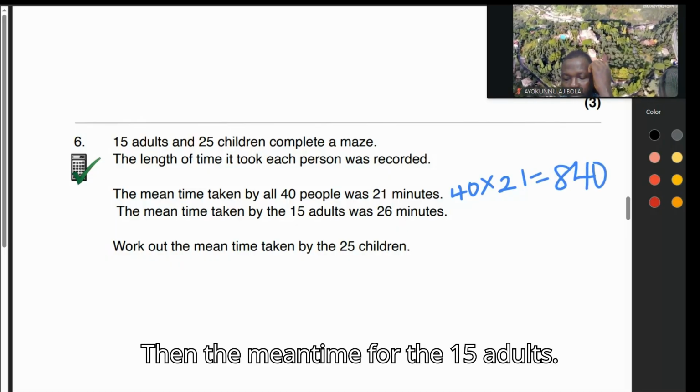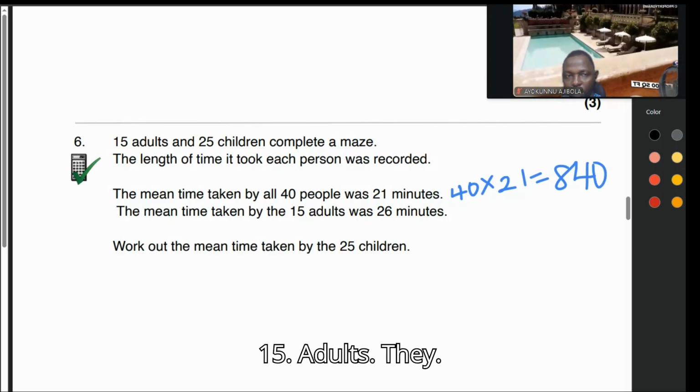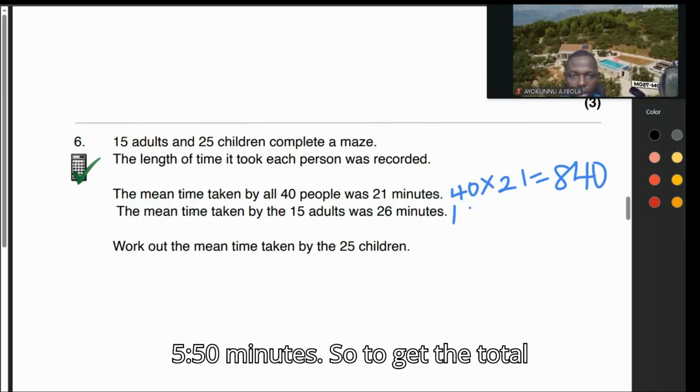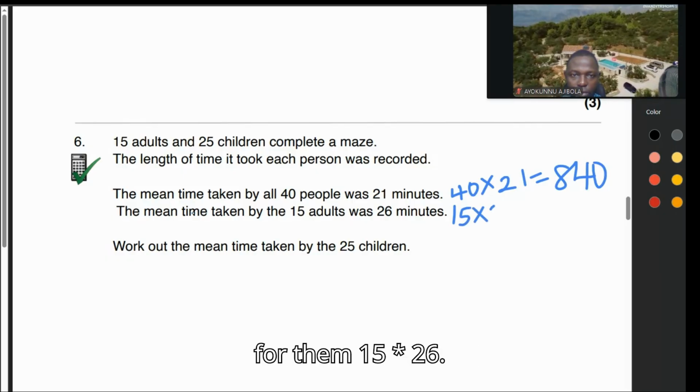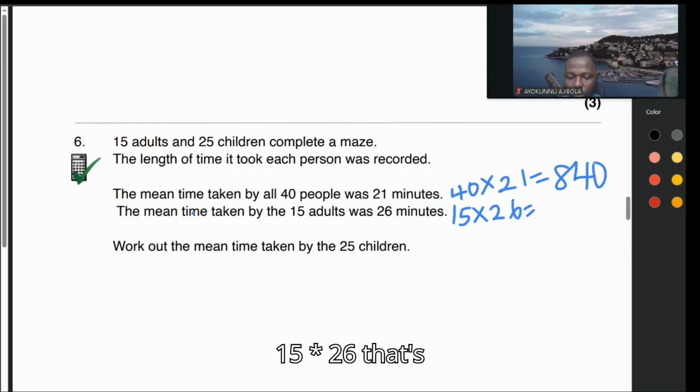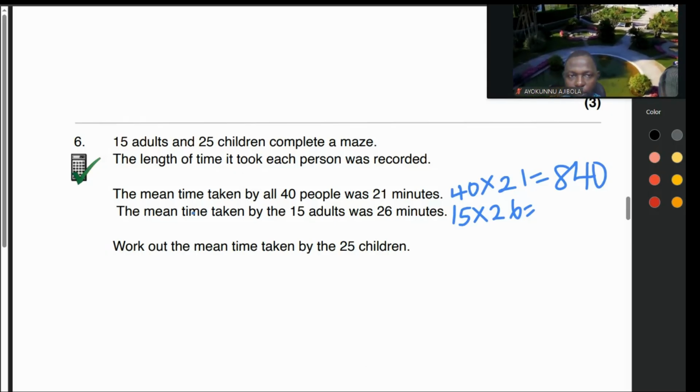Then the mean time for the 15 adults is 26 minutes. So to get the total for them, 15 times 26, that's 390.